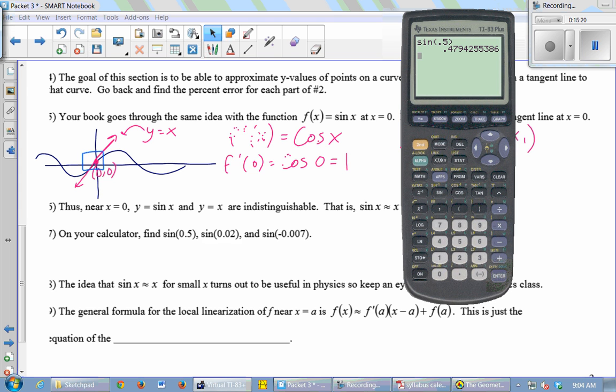If I round it, it's 0.48. Right? So it's off a little bit, but it's a pretty decent approximation. And then if I go even closer to 0, 0.02, I get 0.01999. Really close approximation.